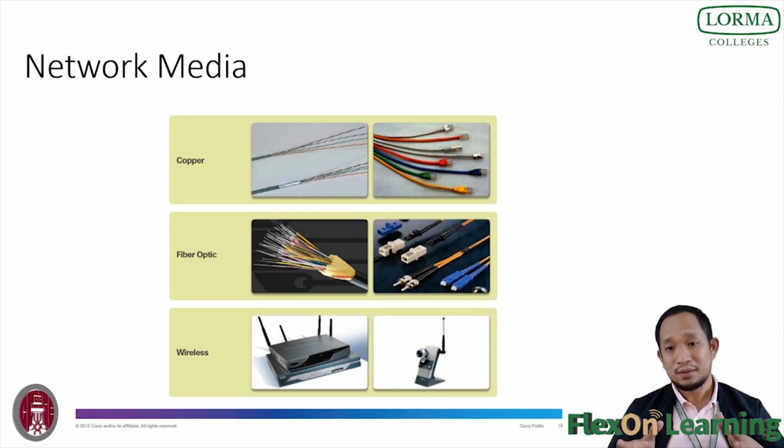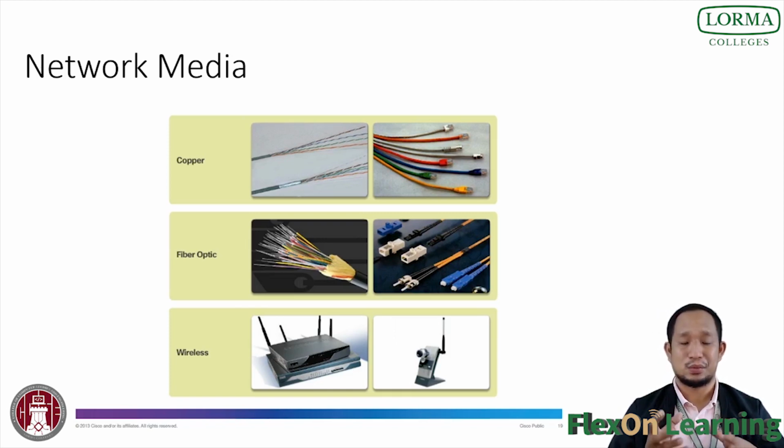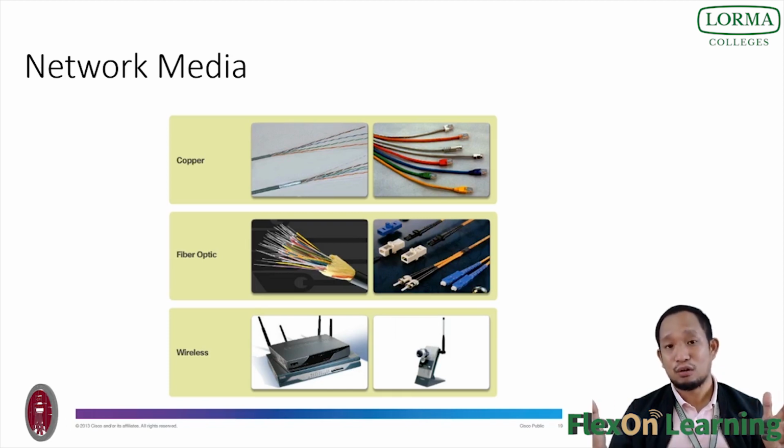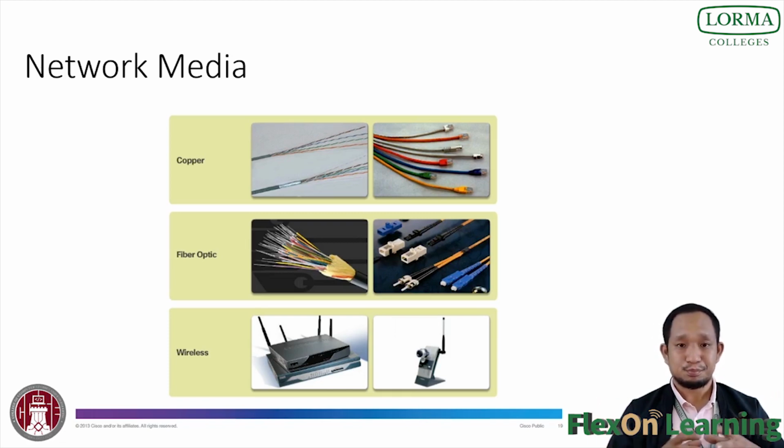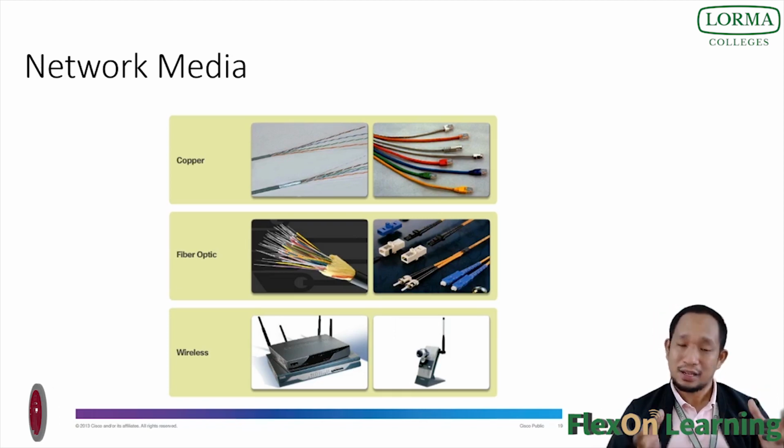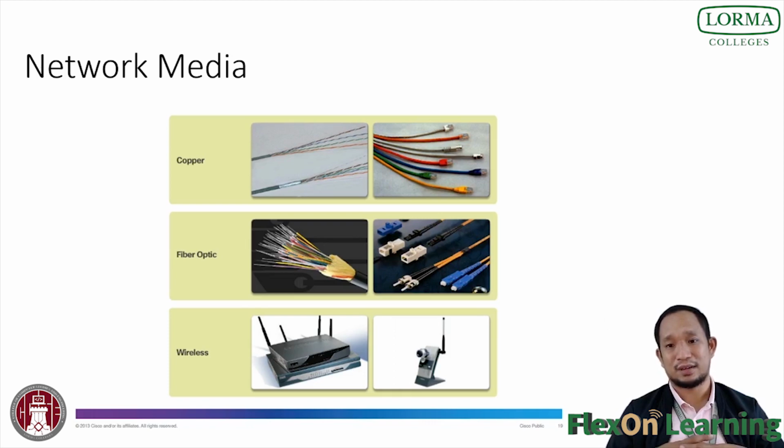And remember, this network media is very important in our networking. So we must know which one we're going to utilize. And remember, these three cater to different speeds, different types, and how long the wire or communication path can be to remain effective through different end devices.